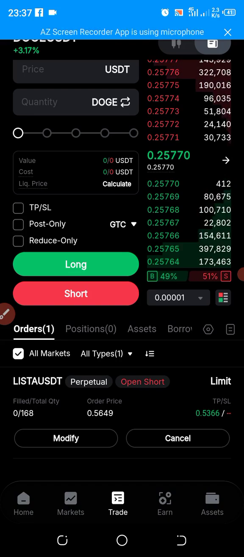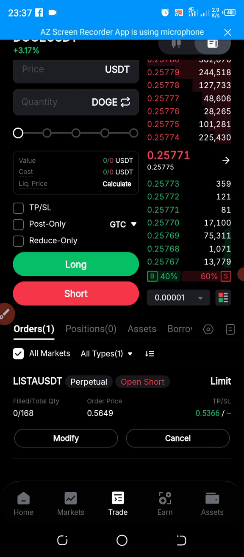Futures trading is very risky, but if you know how to play the game, if you know how to go about it, then you'll be on the safer side. But if you don't have the experience, the basic knowledge of futures trading, and you trade on your own, you lose money.